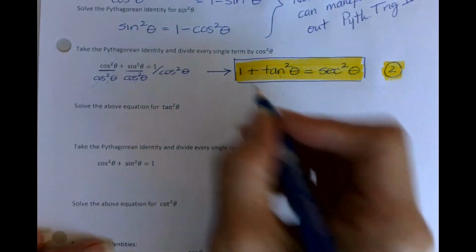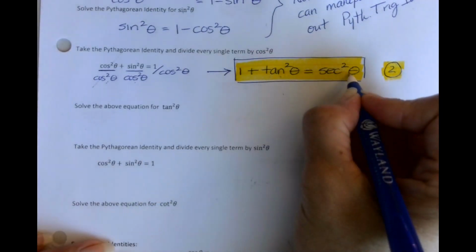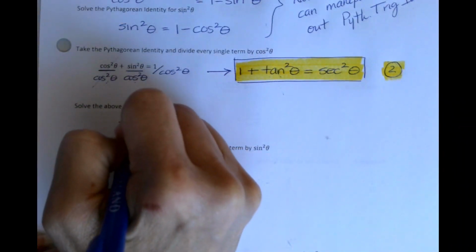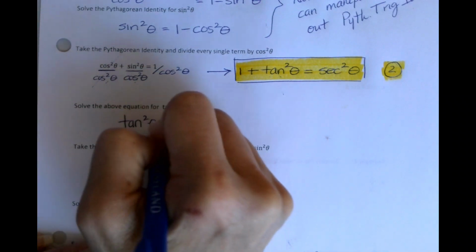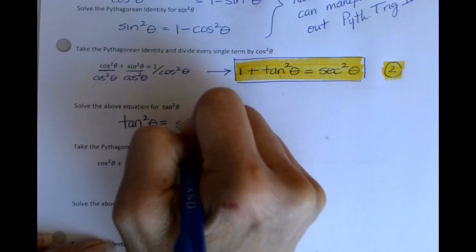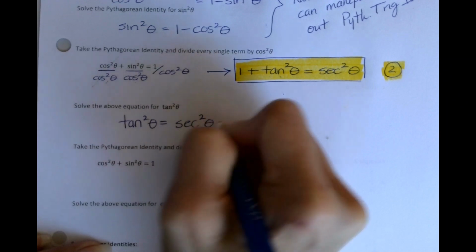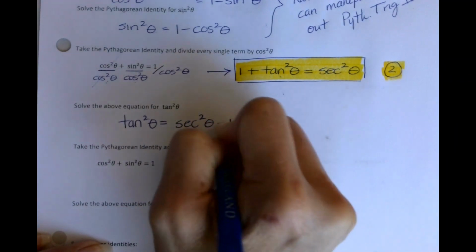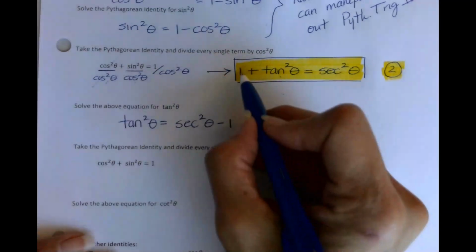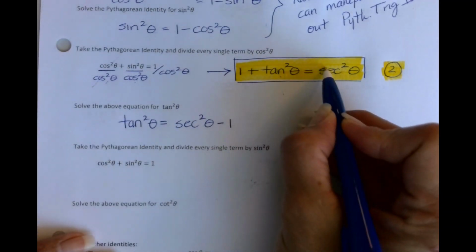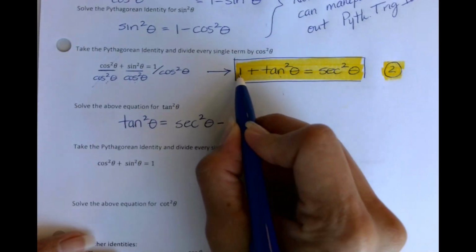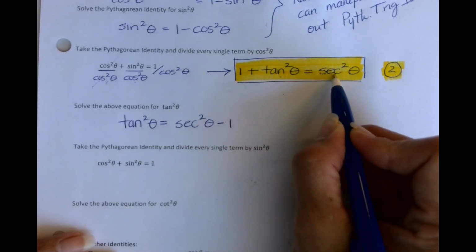If I subtract 1 here and I subtract 1 here, the tangent squared is going to be isolated, and the secant squared gets some company because the 1 on the left-hand side moved over to the right-hand side. So we are literally just hopping over the equal sign. The 1 becomes a -1 on this side.